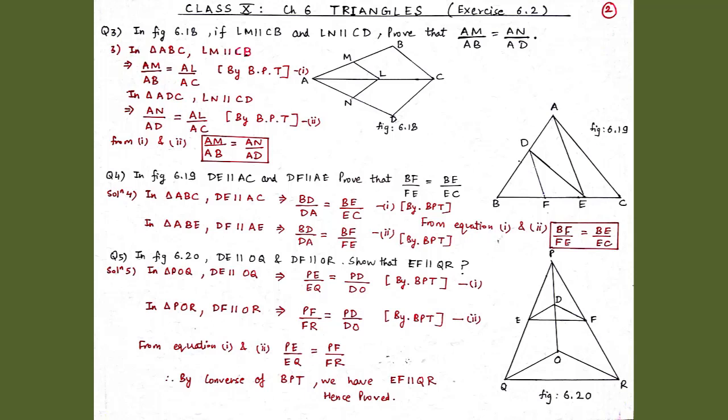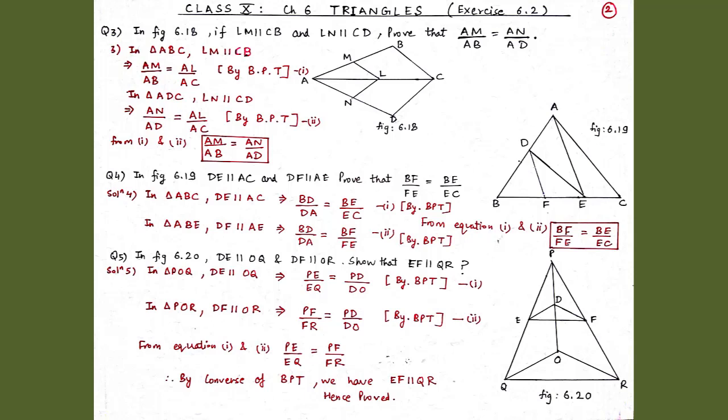So according to the given condition, students, first we will consider triangle ABC in which DE is parallel to AC, which is already given in our question. So by applying BPT, we can write it as BD upon DA is equal to BE upon EC, which is our equation number 1. And now we'll consider triangle ABE in which DF is parallel to AE.